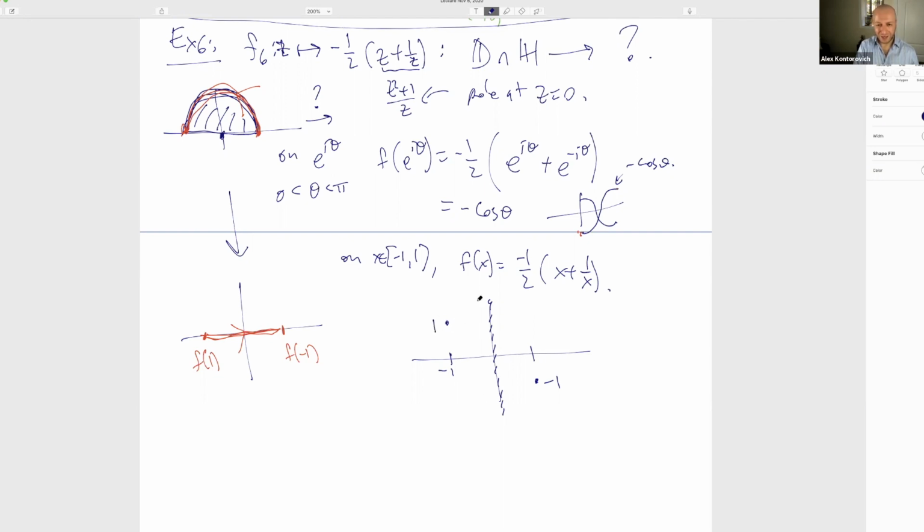And then I guess if x is negative, this has no other choice but to go like this and like this. And so from negative 1 to 0, we go from 1 to infinity.